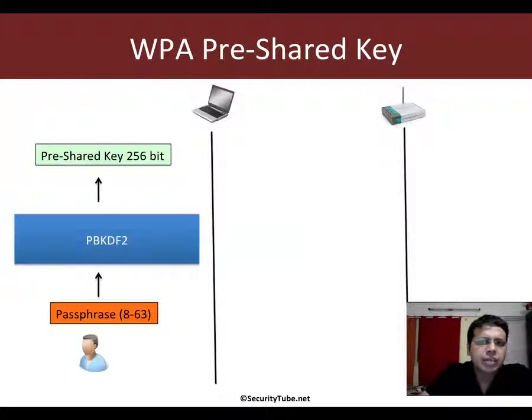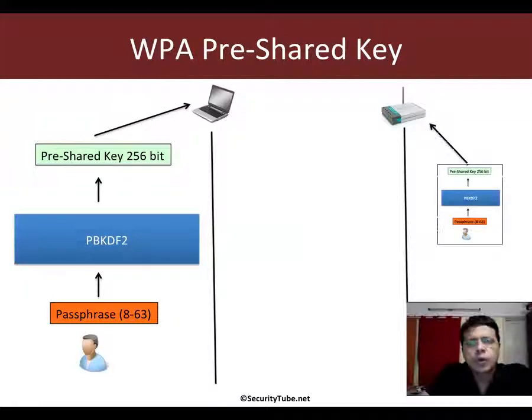Basically, when you run the passphrase through this function, it has hashing algorithms and all of that, and the output is a 256-bit pre-shared key, which is used on the client. At the very same time, you enter the same passphrase on the access point, typically through the management interface, which could be a web-based interface. The access point goes through the exact same process to generate a 256-bit pre-shared key.